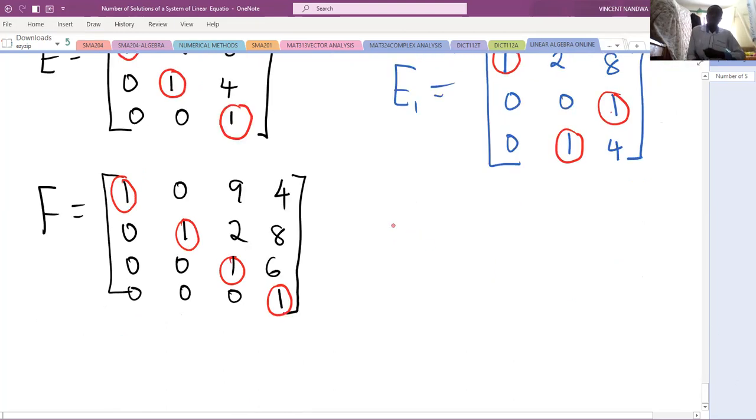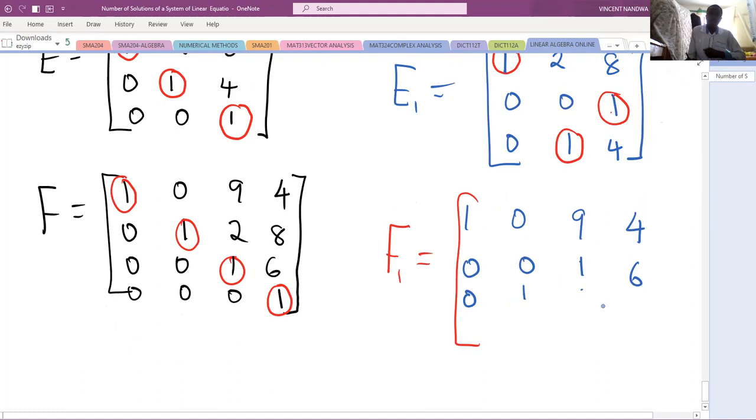And then if you say F1, we have 1, 0, 9, 4, and then 0, 0, 1, 6, and then 0, 1, 2, 8, and lastly 0, 0, 0, 1.